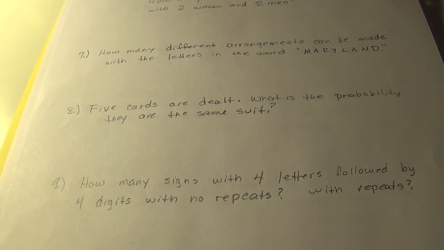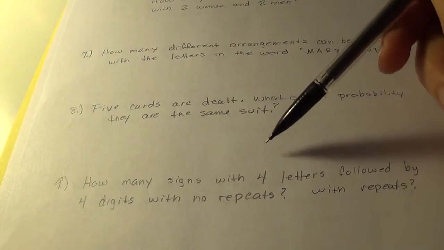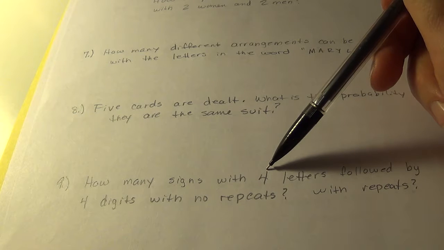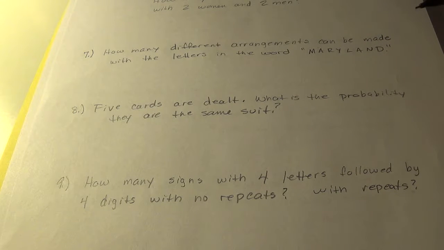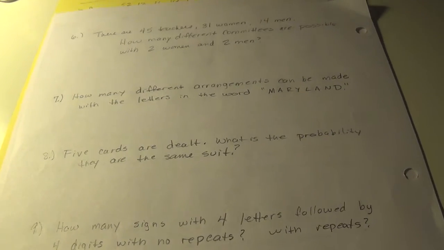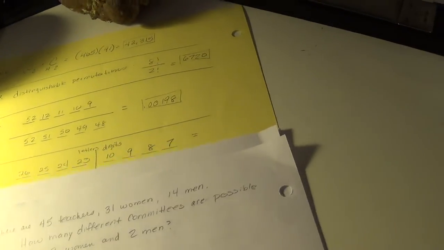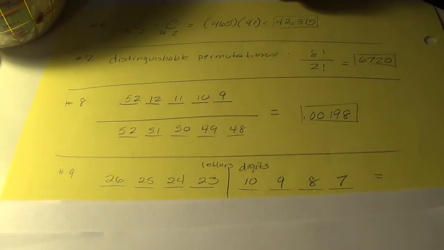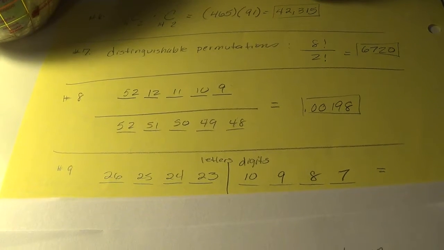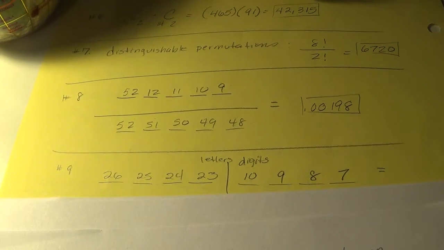The first one will be with no repeats, so how many different letters could we fill the first blank with? 26, then 25, 24, 23. And followed by numbers, there are 10 digits, 10, 9, 8, 7 with no repeats. So here's that answer: 26, 25, 24, 23, 10, 9, 8, 7.